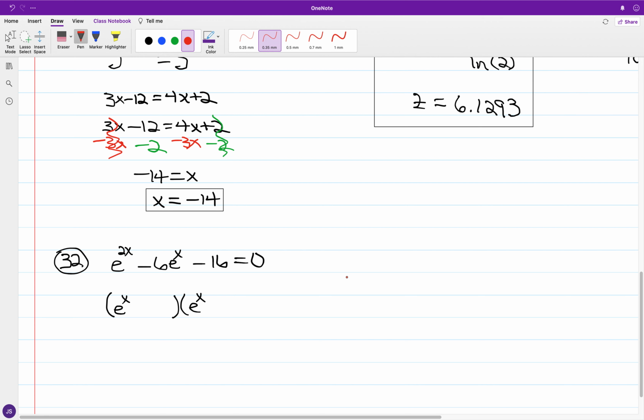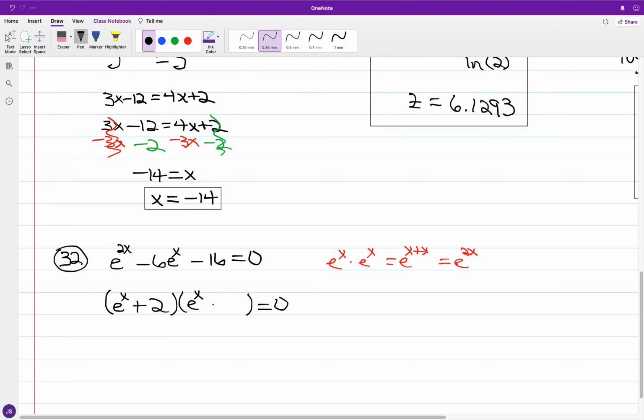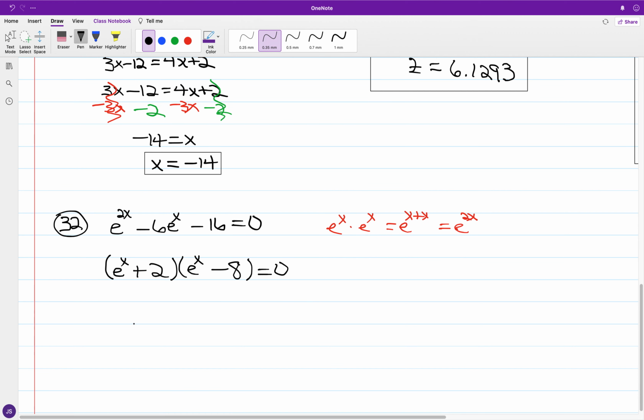And what this means is that e to the x times e to the x gives you e to the 2x, so factoring out e to the x separately, and then with minus 16, we have e to the x plus 2 times the quantity e to the x minus 8 is equal to 0.